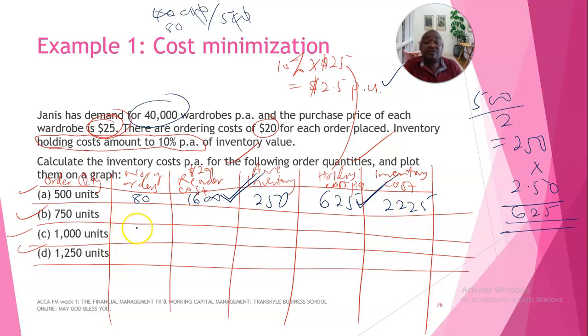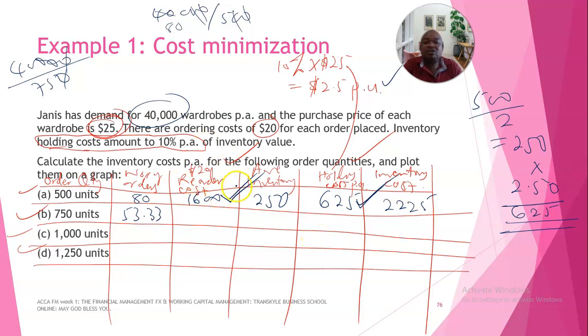For the 750 order, the number of orders would be 40,000, which is the demand, over the order size of 750 units. If we use our calculators, we must come to about 53.33 orders, right?